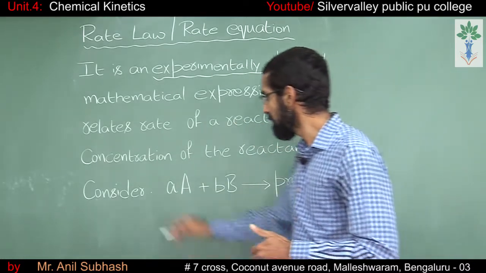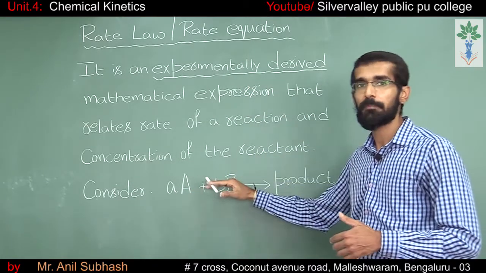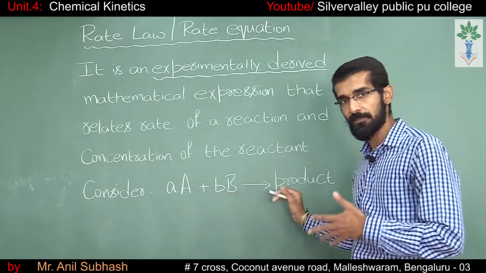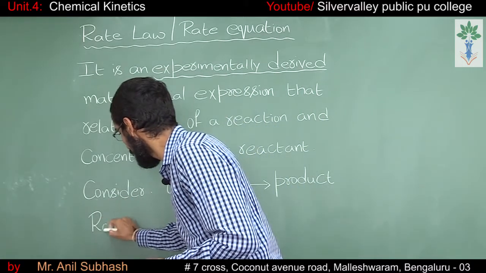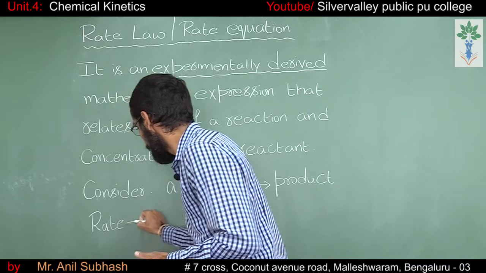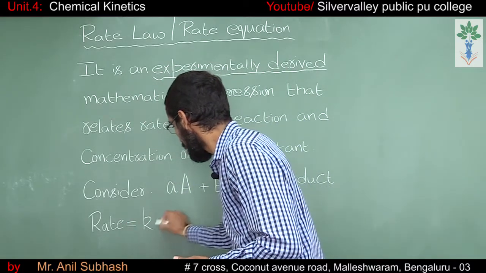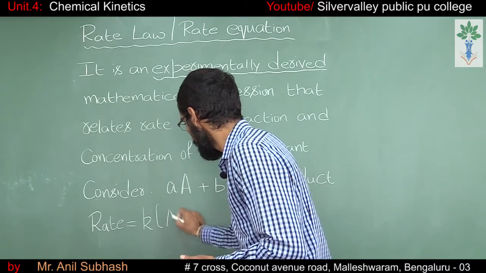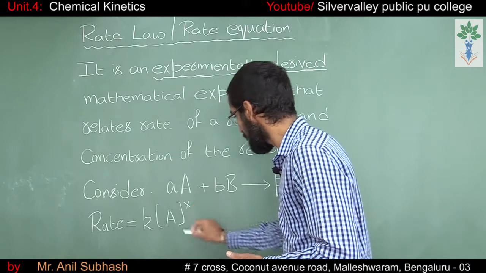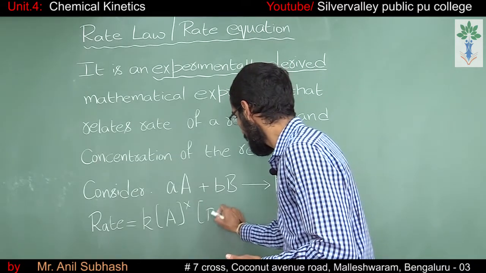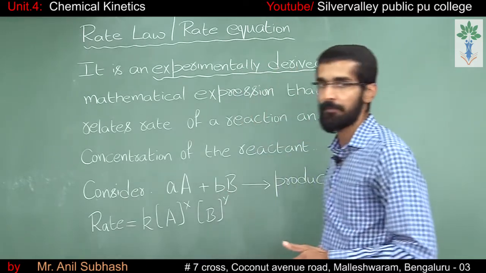For example, we will consider a reaction of the type a molecules of A plus b molecules of B gives products. Then how do you write the rate law? The rate law is written as rate is equal to rate constant into concentration of reactant A to the power of x into concentration of reactant B to the power of y.